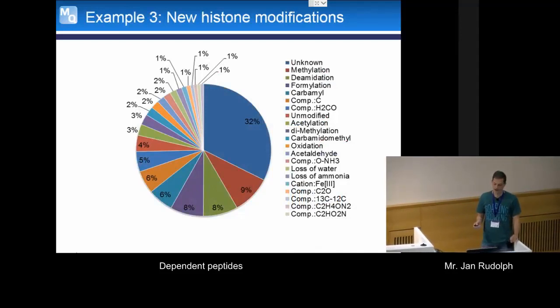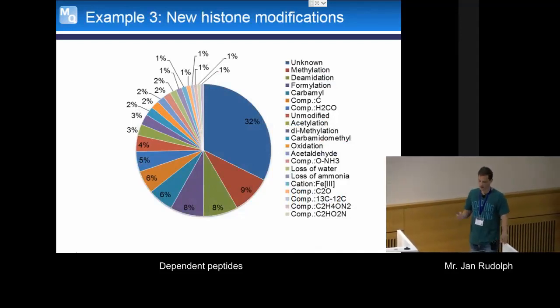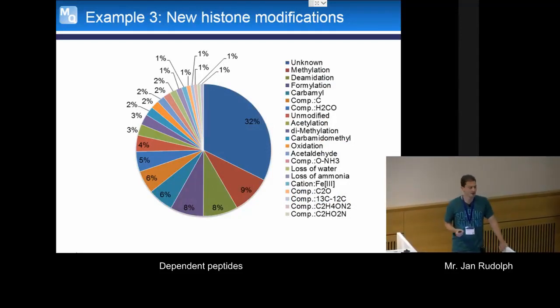Okay, a third example is looking at histone modification. So this is based off just the standard HeLa data set, so it's not even anything fancy, but what you can do is you can just filter, for example, all the peptides that you found for histone peptides. And then you can look at the different modifications. And of course, you see the methylation and these things. And the next step would be to see, okay, maybe I identified something new.